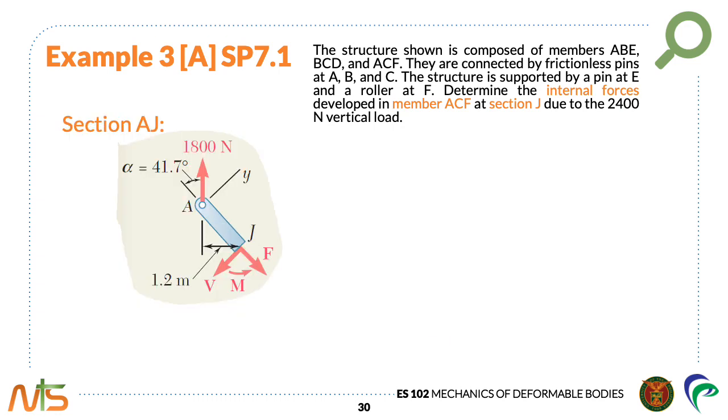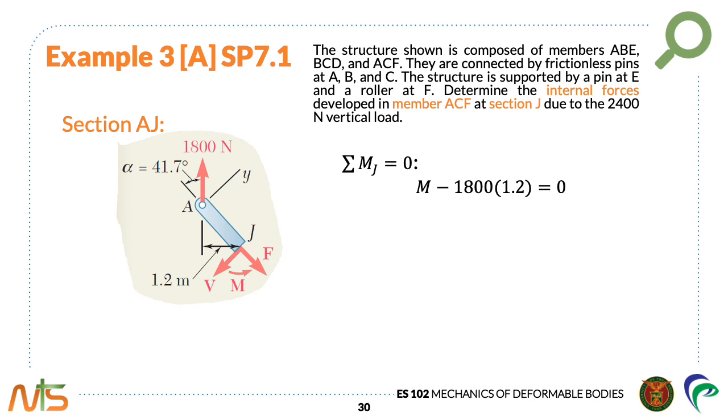Considering segment AJ, the axial force F, the shear force V, and the bending moment M are determined by applying the equilibrium equations. So we have summation of moments about point J equal to 0. We have bending moment. The bending moment is positive in direction because it is counterclockwise.